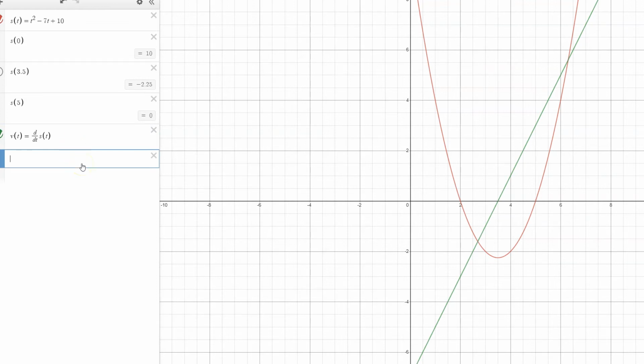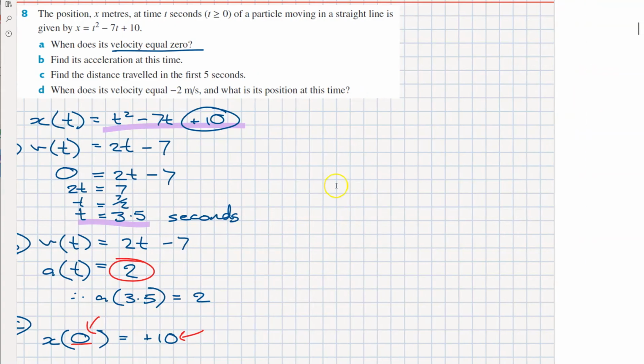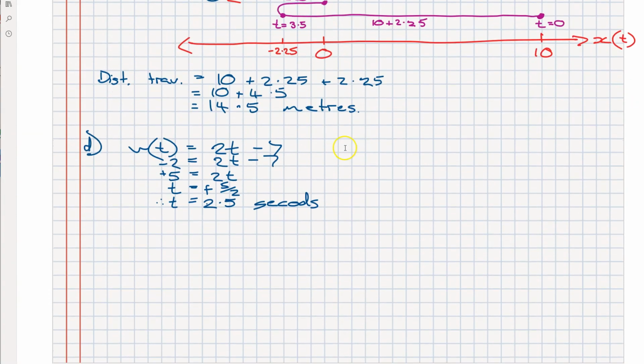Well, we discovered that was at t equals 2.5. So -2 there, 2.5, -2. And therefore, if we look at where this line cuts, it's at -1.25. So its position is going to be at -1.25.